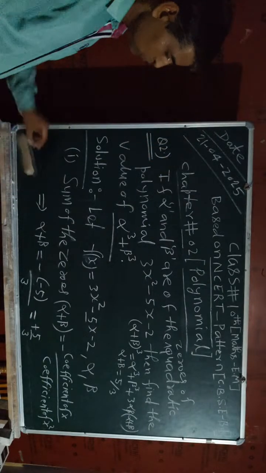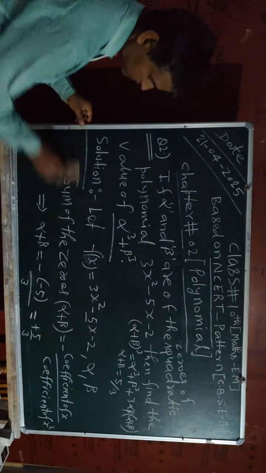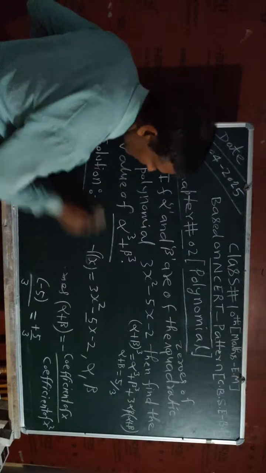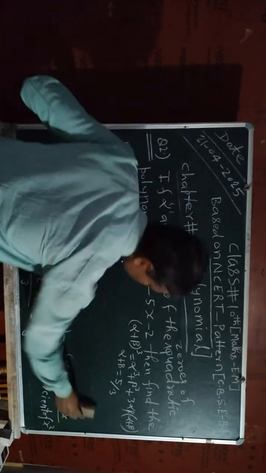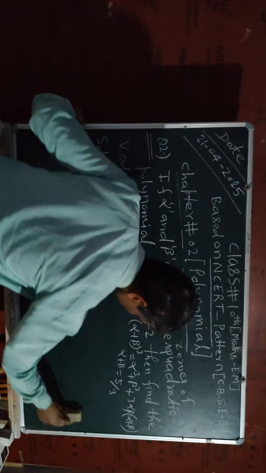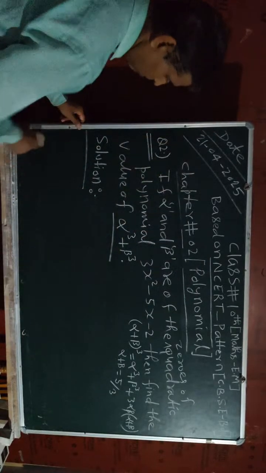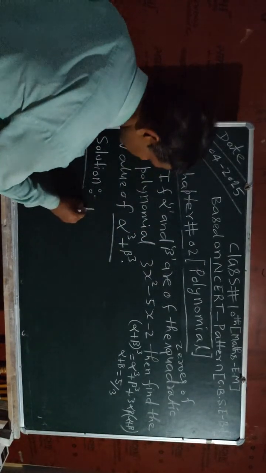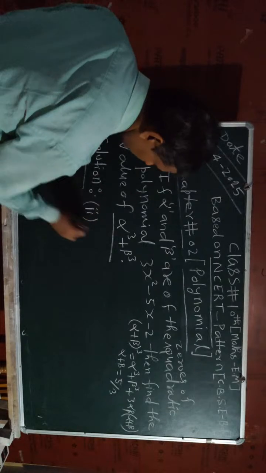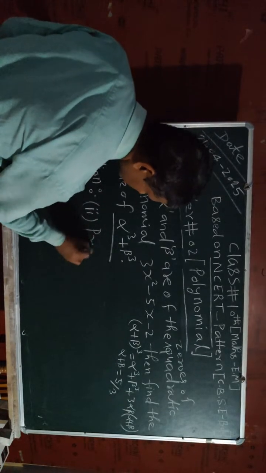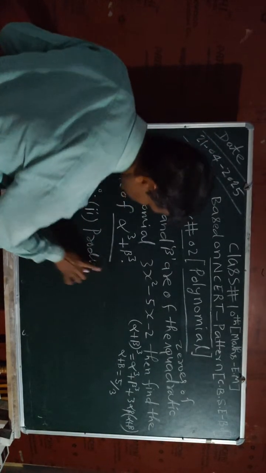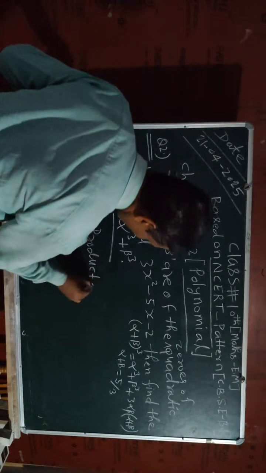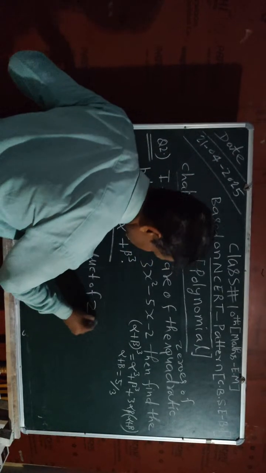Okay student, so I am again going to erase this. I will also write the product of the zeros of this quadratic equation. Condition number 2, I will write here product of zeros.